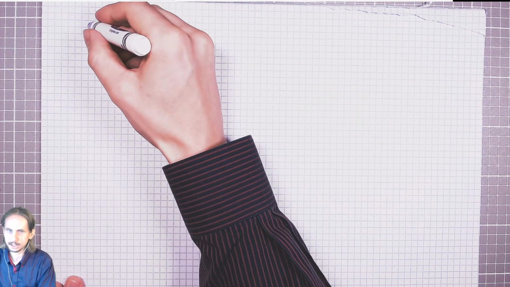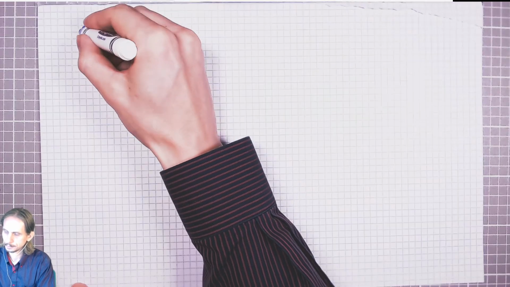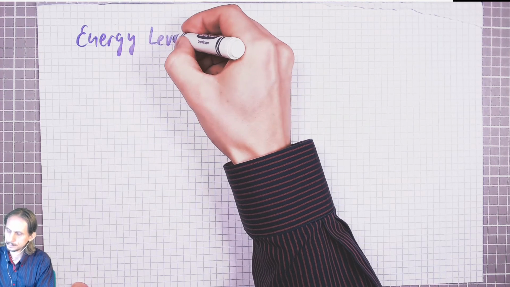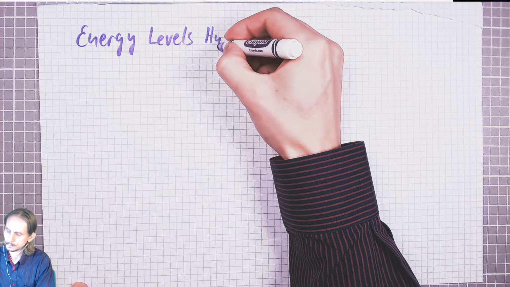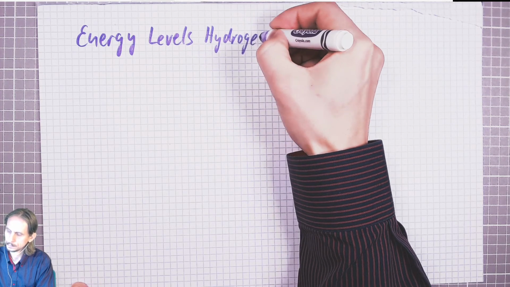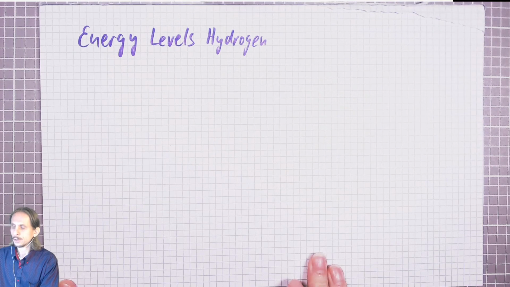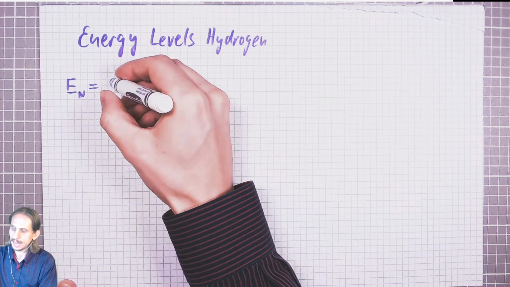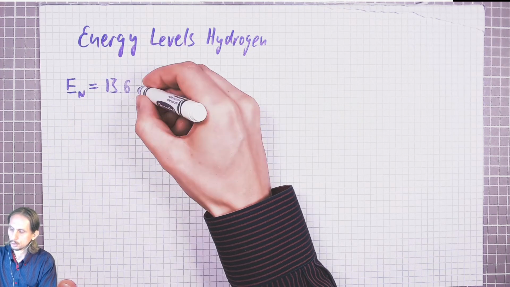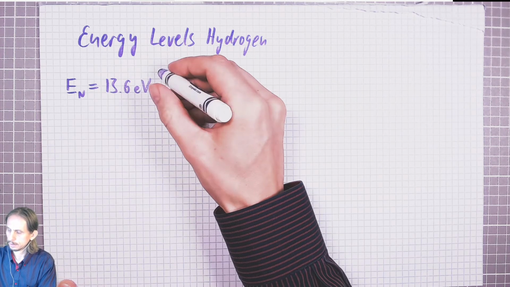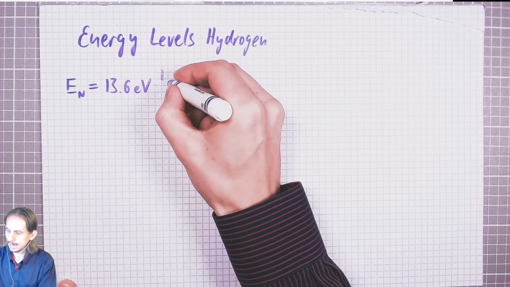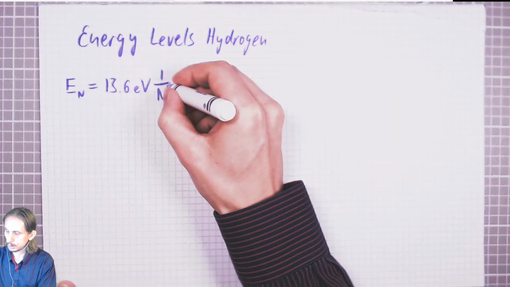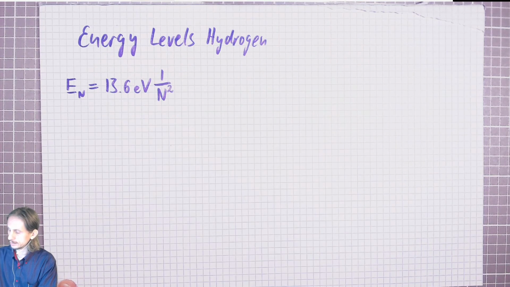And that is the energy levels of the hydrogen atom. Energy levels of the hydrogen atom follow a fairly straightforward formula, and that is each level is 13.6 electron volts times 1 over n squared.